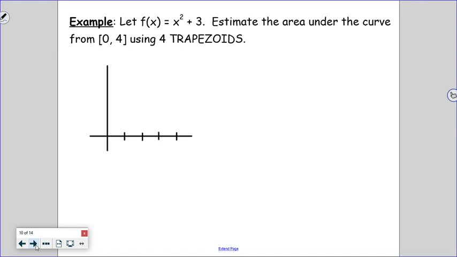So if I look at the function f of x, start at 0, and I'm just going to plug in 0, 1, 2, 3, 4, to give us some points to work with here. 0 squared is 0 plus 3 would be 3. Plug in 1 squared is 1 plus 3 would be up at 4. 2 squared is 4 plus 3 would be up at 7.